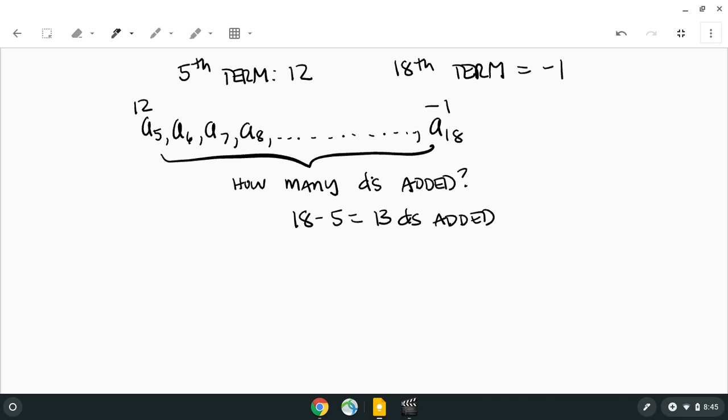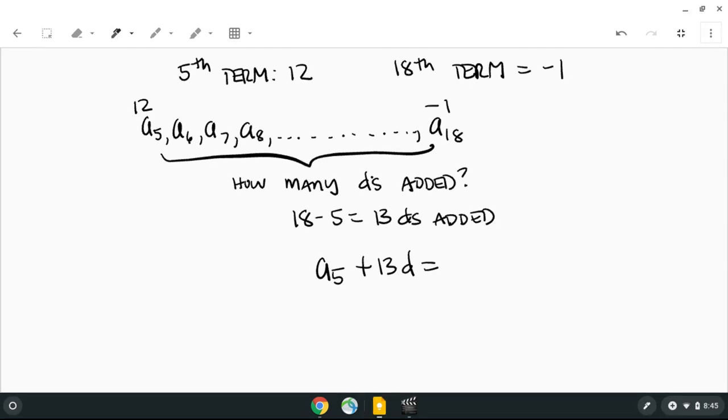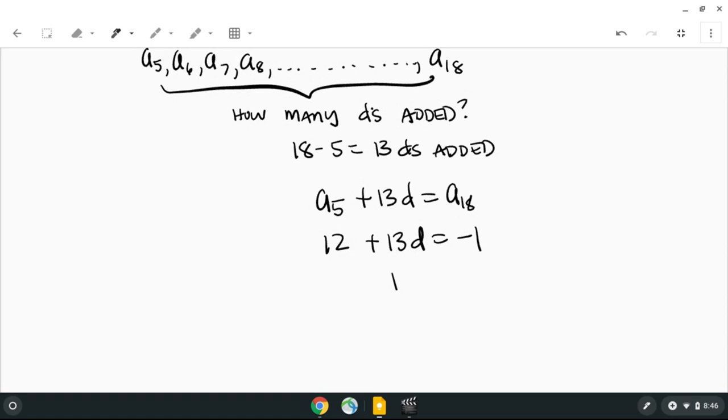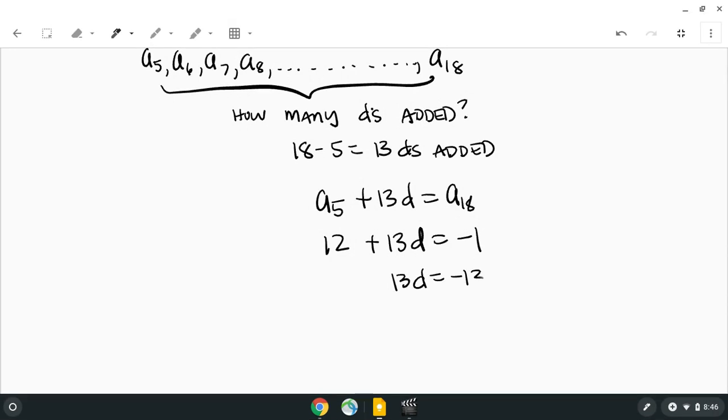So my fifth term plus 13 D's gave me my 18th term. A5 is 12, plus 13 D's should give me negative 1. Solve for D: 13D equals negative 13, D equals negative 1. We're going to be using that.